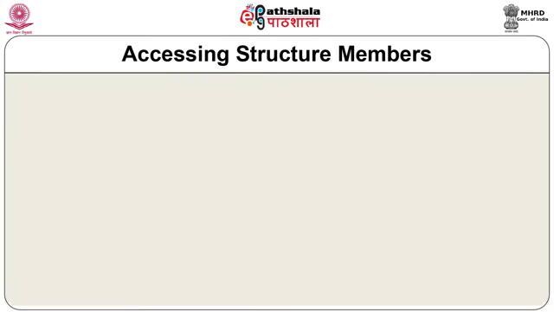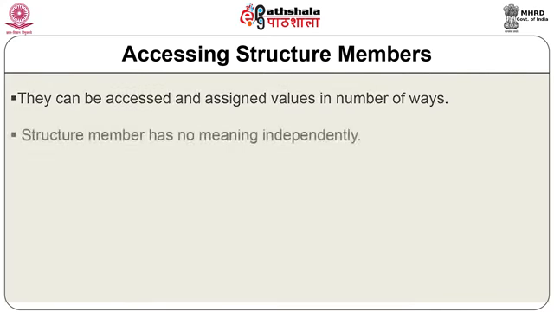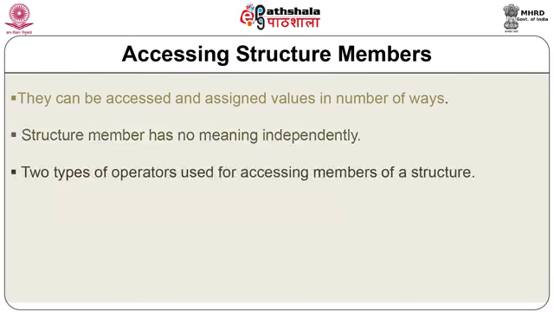Accessing structure members, or accessing structure elements or fields. Structure members can be accessed or assigned values in a number of ways. A structure member has no meaning independently. There are two types of operators used for accessing members of structures.